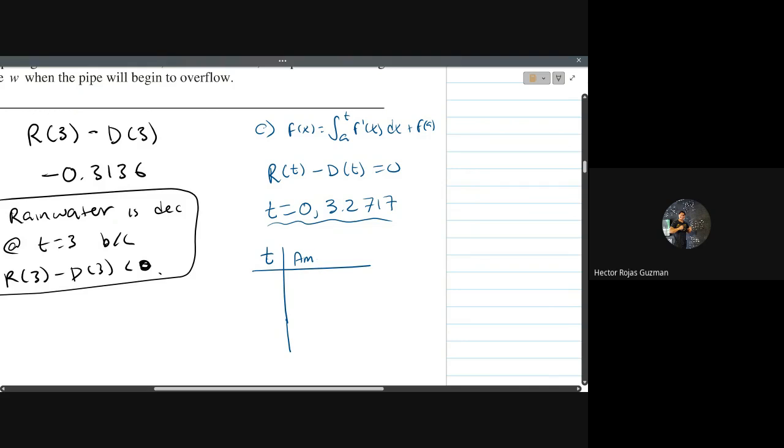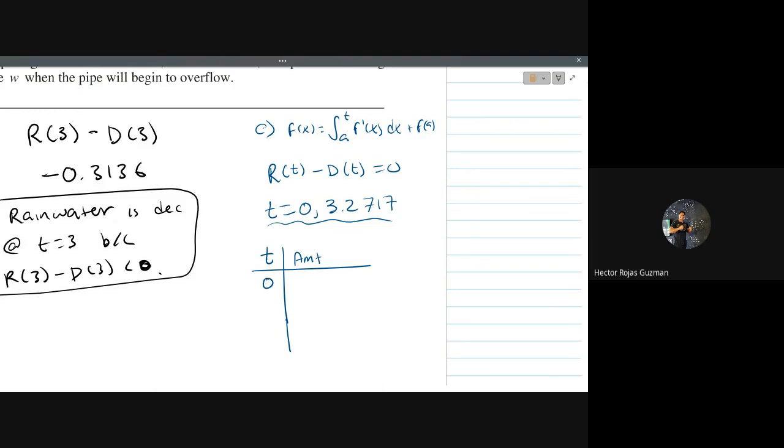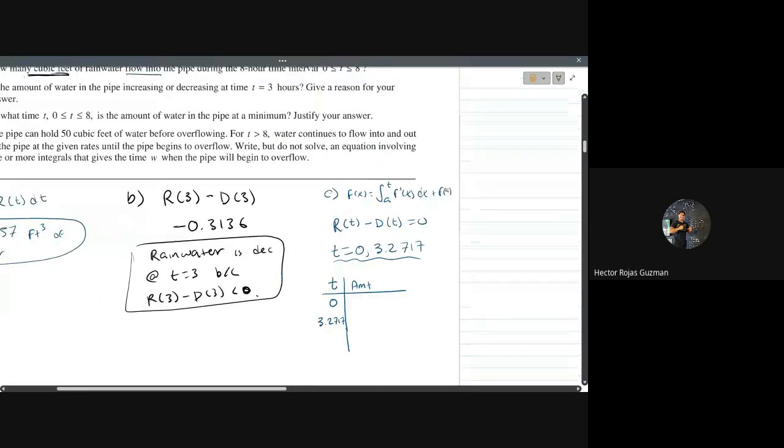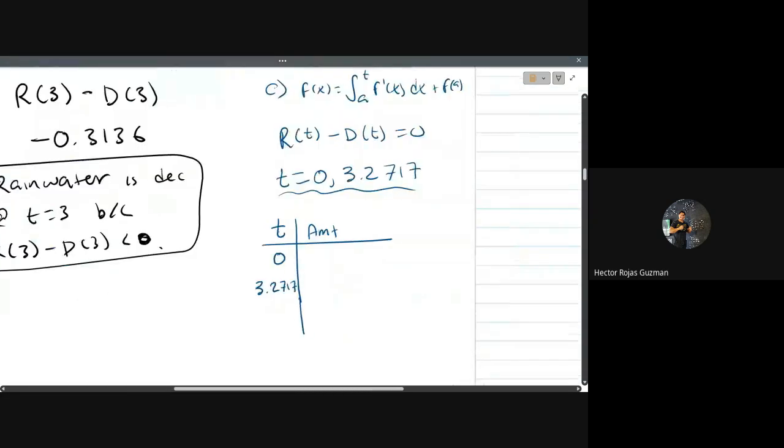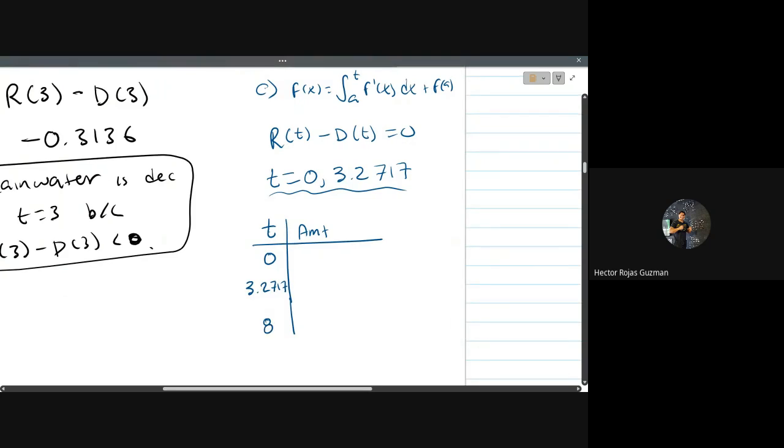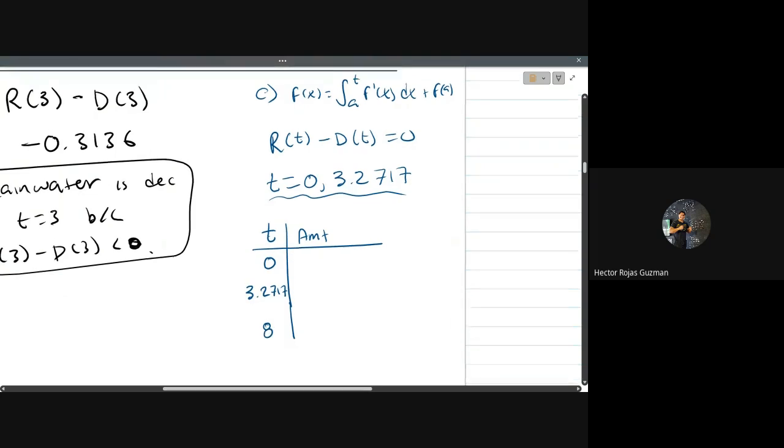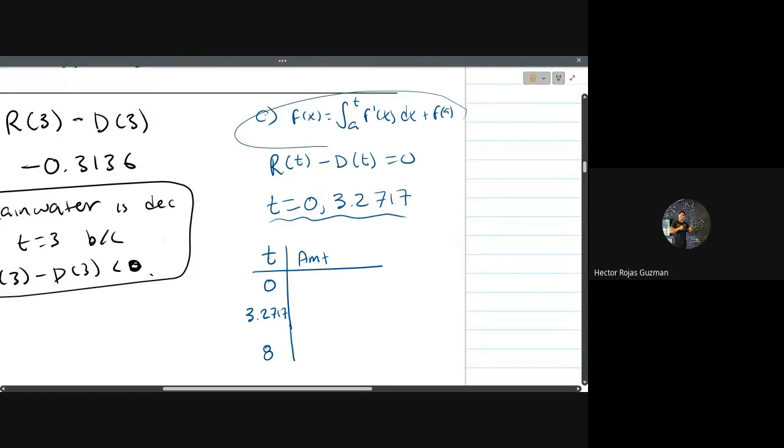The amount of rainwater. So we have our critical point, we have our other critical point, and we should have an endpoint, 8. You use your endpoints, you use your critical points. You're basically plugging the critical points and the endpoints into this. But that's just the general one.